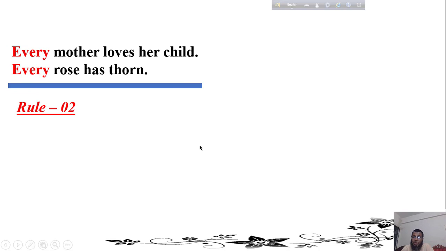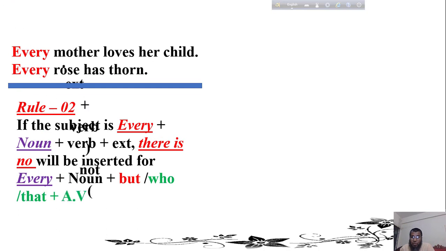What are the rules? Okay, listen to me very carefully and write down the rule. Rule 2. Okay, here, my dear students. If the subject is "every" plus noun, then verb plus extension. So we can change this sentence into negative following the rules.